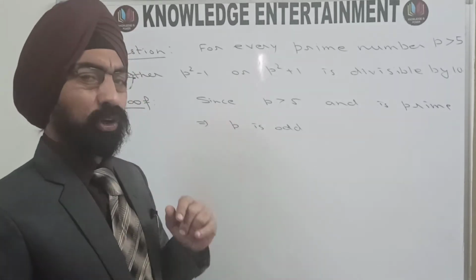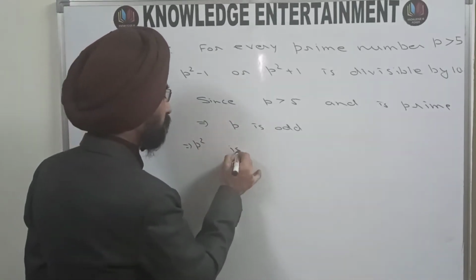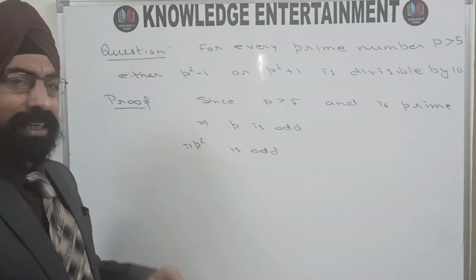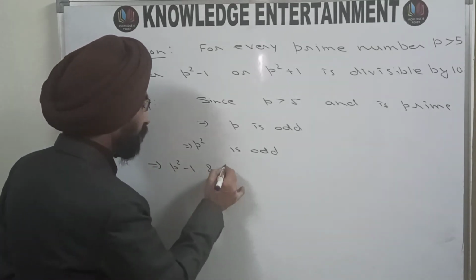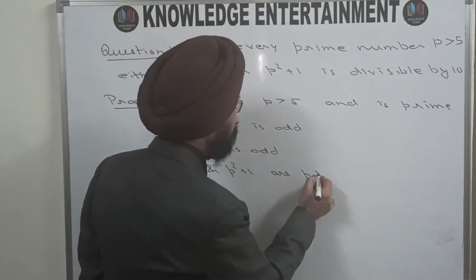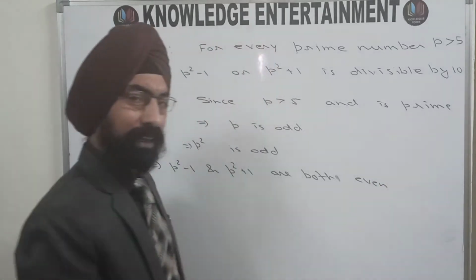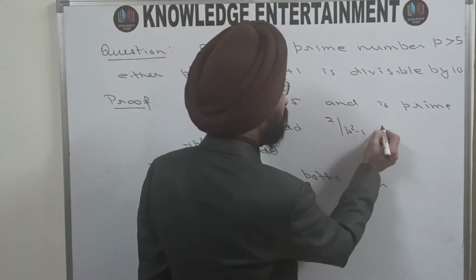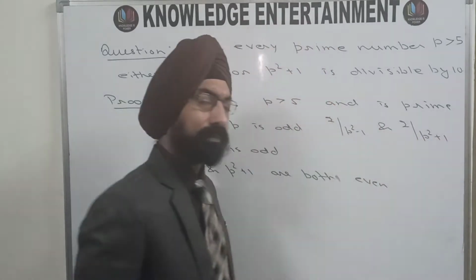And if p is odd, p square must also be odd, because the square of an odd number is always odd. And if p square is odd, then p square minus 1 and p square plus 1 are both even. That means 2 divides p square minus 1 and 2 divides p square plus 1.